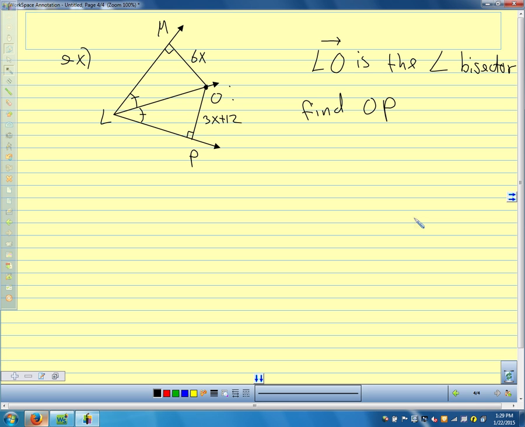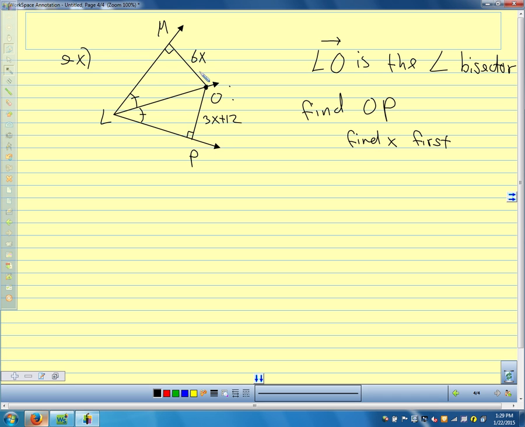What do we do? Set 6x equal to 3x plus 12. We know those two segments are the same. So we want to find x first. In disguise, this is saying find x, and we're going to do that first.